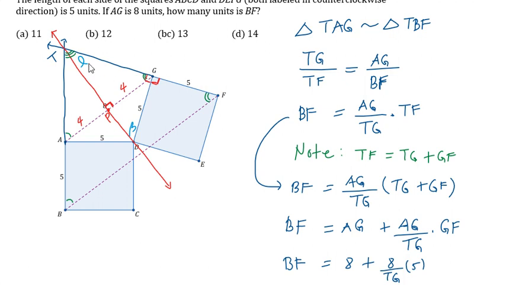If one of its angles is alpha, and alpha is also an angle of triangle TGD, and the other angle is 90, since TGD has also a right angle, then it follows that the third pair of angles for these two triangles must also be the same. So this must also be beta.